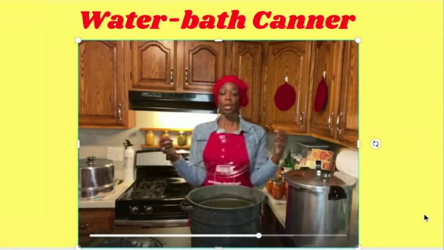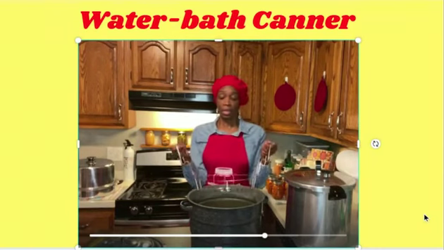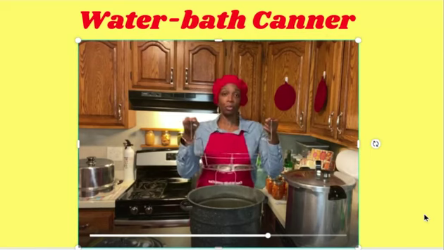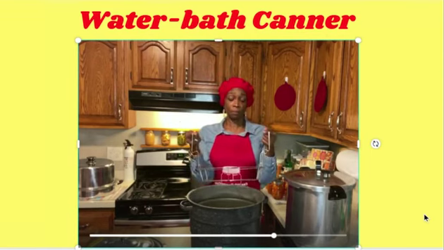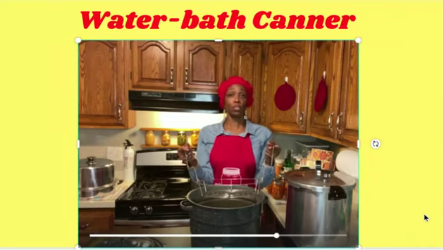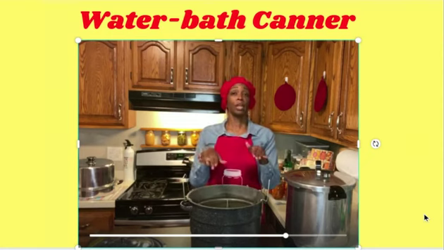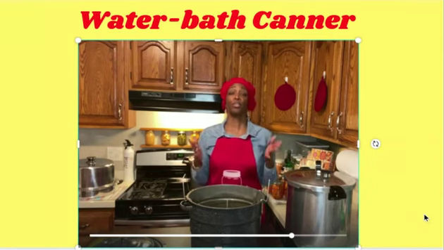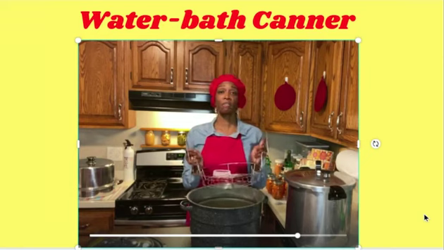The rack is used for supporting your jars, so you're able to lower your jars into the canner and out of the canner. This will prevent your jars from resting at the bottom of your canner. We don't want the jars to touch the bottom of the canner, because that could cause your jars to crack. So this is definitely a safety feature.